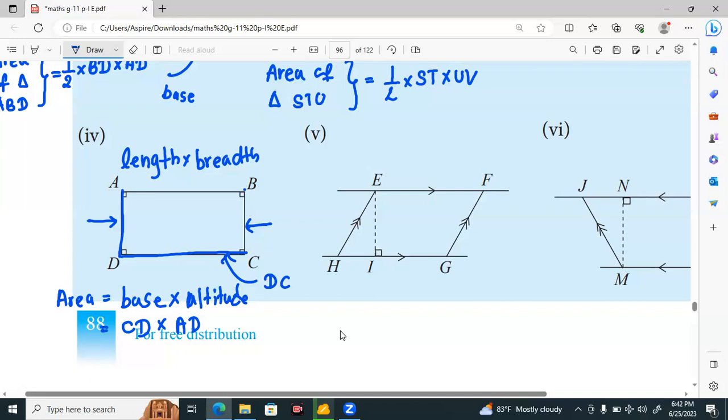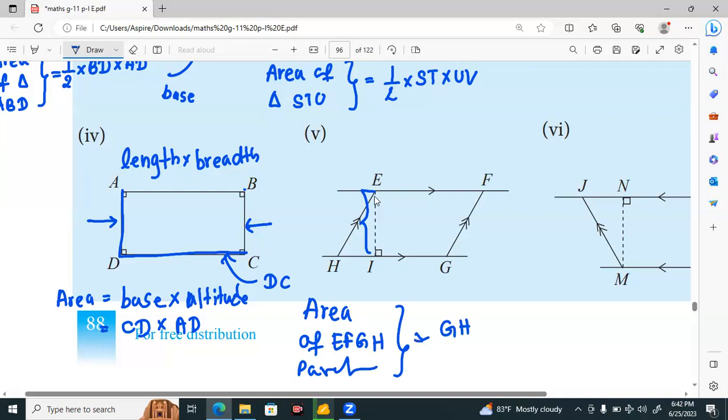Then EFGH parallelogram. What is the area or what is the altitude? You can take the altitude as EI, because here they have given EI. So area of EFGH parallelogram is equal to base GH. I consider it as GH.